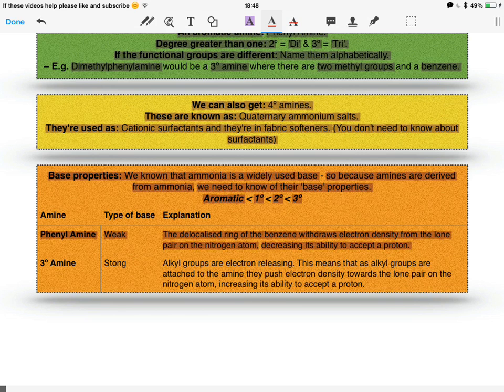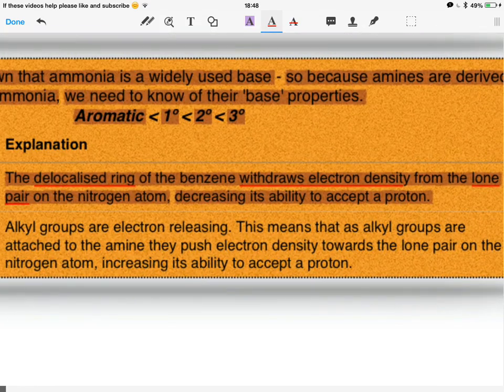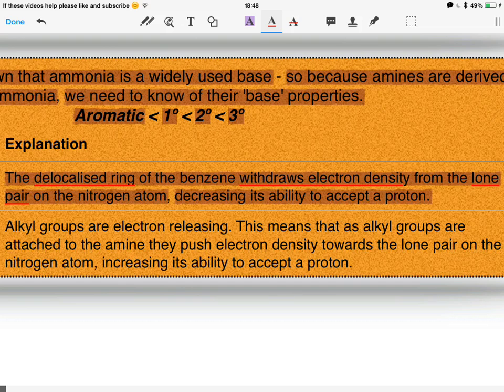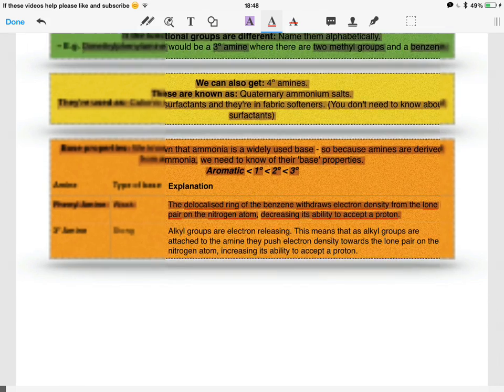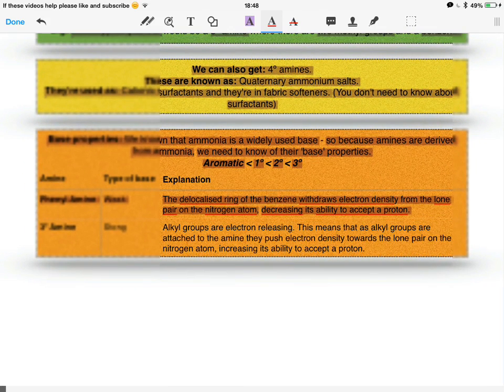You would literally have to say every word in that, but in particular you'd have to mention the delocalized ring, the withdrawing of the electron density from the lone pair on the nitrogen atom, all that would have needed to be specified. And then you would need to specify that this decreases its ability to accept a proton. So as you can see, pretty much everything.